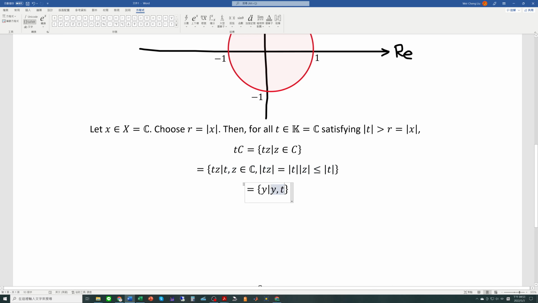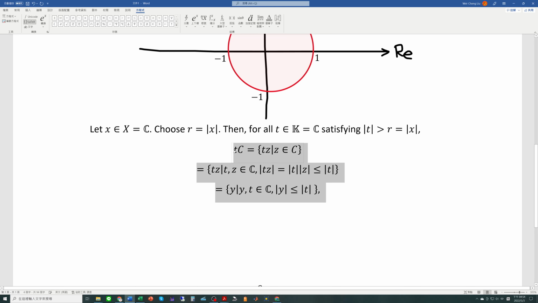So here T is in C, and the absolute value of Y is smaller than or equal to T.